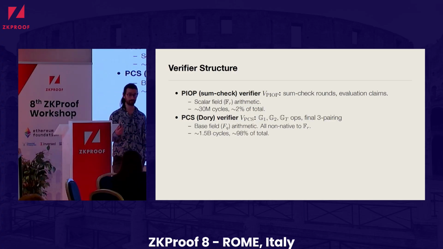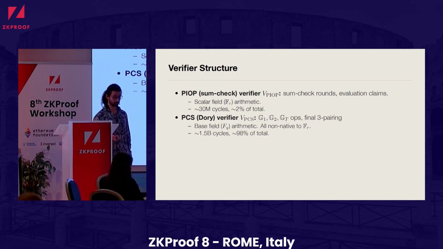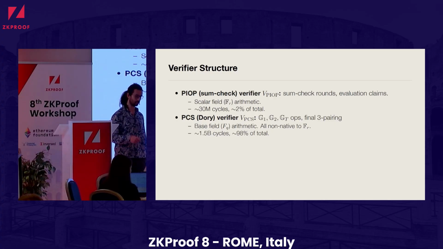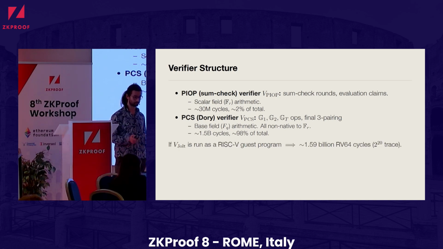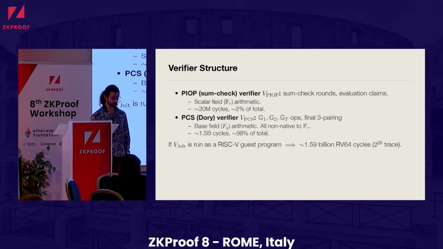These are on a different field called the base field, and in particular it is non-native to the Jolt prover. Because of this non-native arithmetic that we need to do for these operations, the verifier in the recursion for this part takes 98% of the total. To give you an estimation, for a trace of 2 to the power of 20, this verifier in Jolt takes around 1.6 billion cycles.